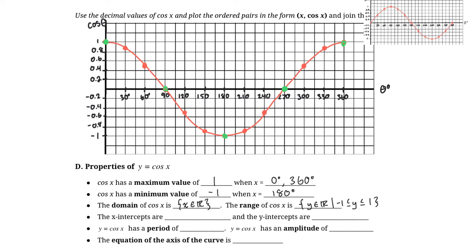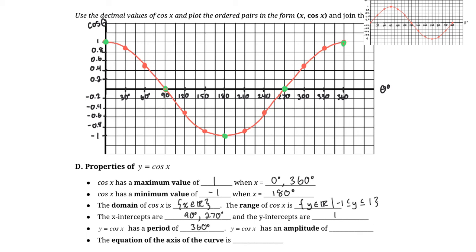One cycle of the cosine function has two x-intercepts, and this is at 90 degrees and at 270 degrees. And then it has one y-intercept, and the y-intercept is at 1. And just like our sine function, the length of one cycle in the cosine function is 360 degrees. So our period is 360 degrees.